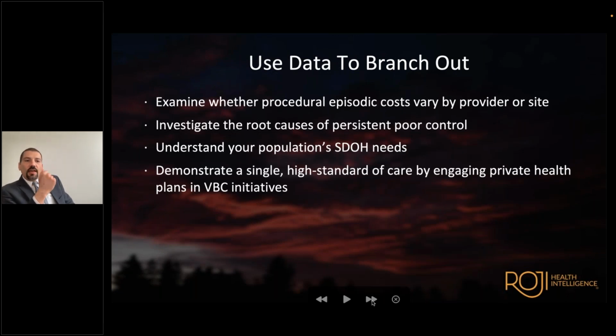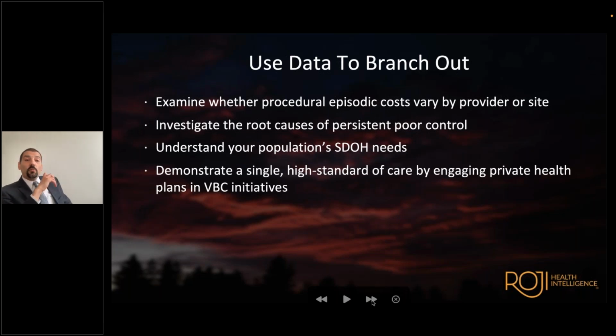Once you've achieved that, it's possible to branch out. You can look at how procedural episodic costs vary by provider and site as well. So we've been talking about chronic conditions, but obviously procedural episodes are going to be a big driver of your ACO's costs as well. You can investigate the root causes of this persistent poor control, and that may translate into understanding your population's social determinants of health needs.